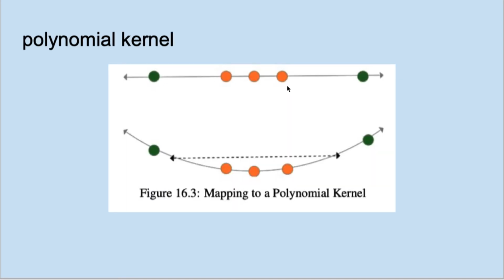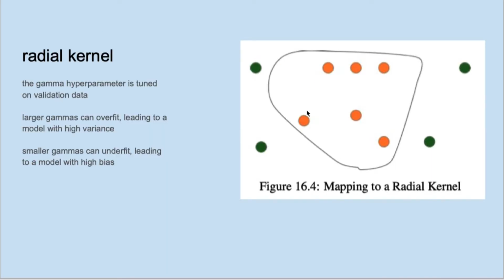Because a linear classifier may not be able to classify data, you can't draw a linear line anywhere here that would separate the two classes. What we can do is map the observations into a higher dimensional space, and then use a polynomial kernel to separate the observations. Another option is the radial kernel.